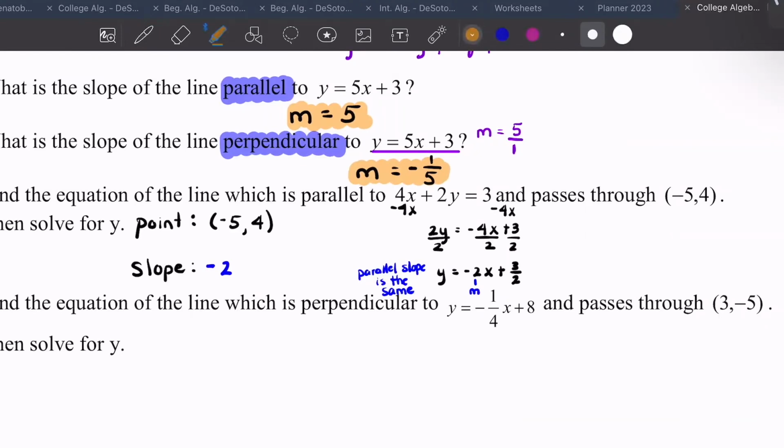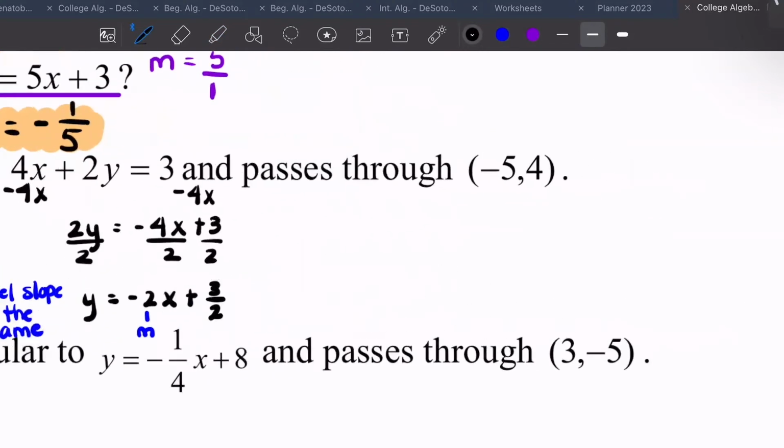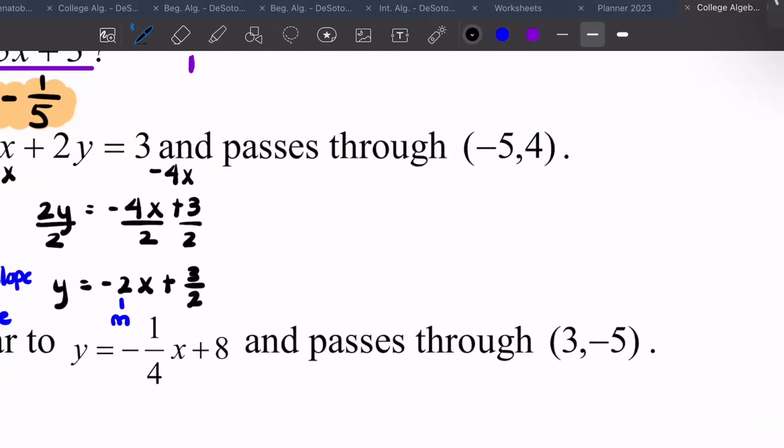This had everything to do with my parallel line. So now I can go and do point slope for my parallel line. So y minus y1 equals m times x minus x1.